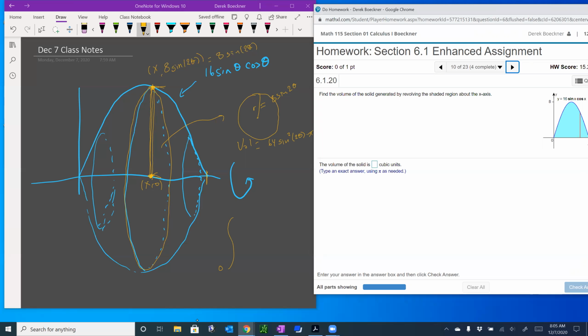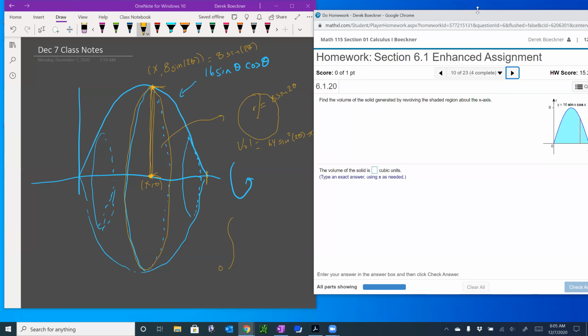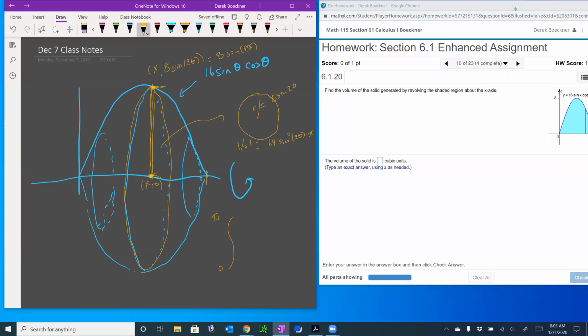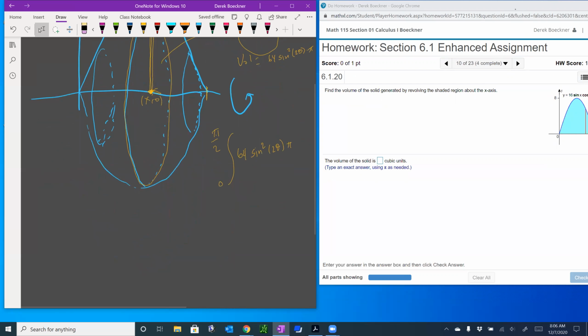It stops at pi over 2. And then 64 sine squared 2 theta pi. Okay. And so are we good with the setup at least? The integral itself is a little tricky. Yeah, I got the setup now.